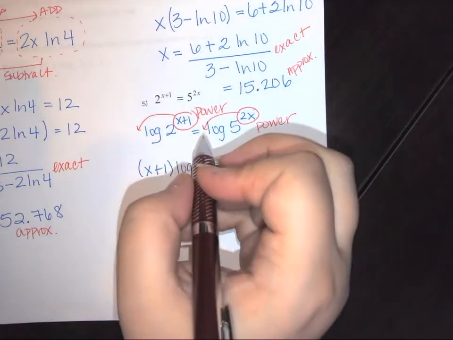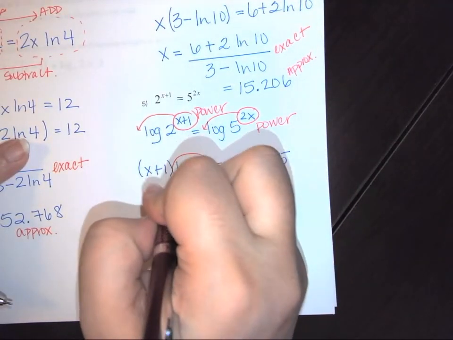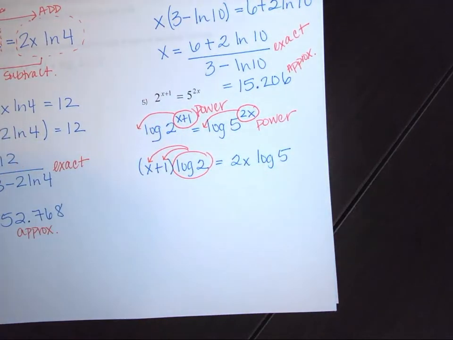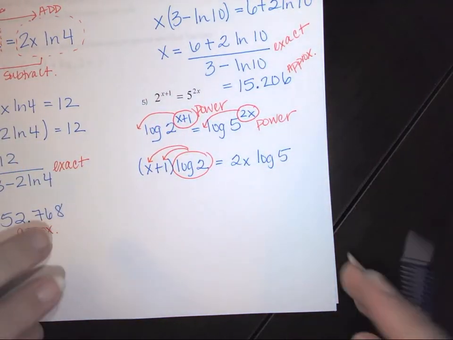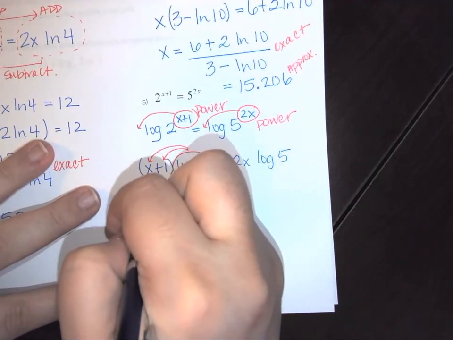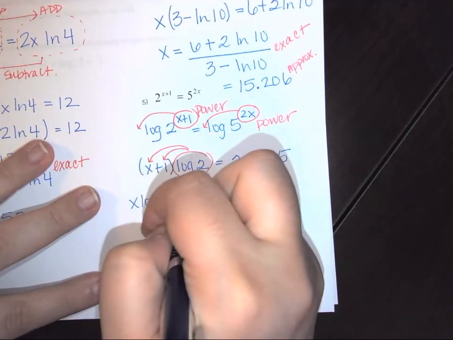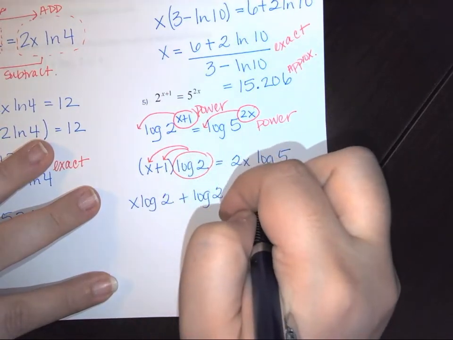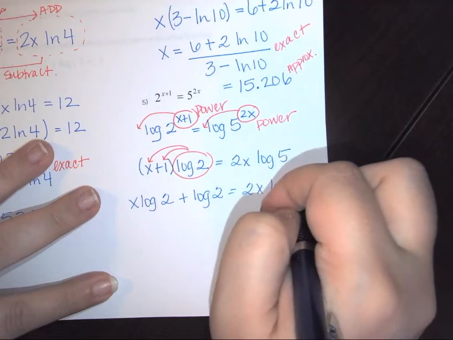Now just like before, I need to take this log of 2 and distribute it into my parentheses so that I can actually solve for x. So here I'm going to end up with x log of 2 plus the log of 2 equals 2x log of 5.